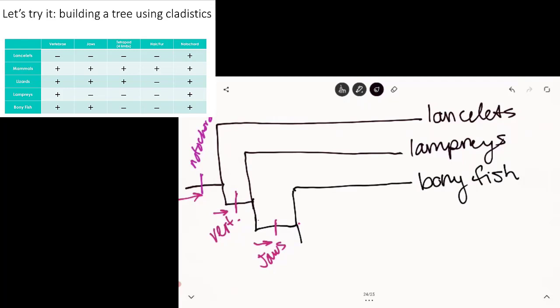And then our last 2 groups that we have left are mammals and lizards. So it doesn't really matter the order, again, because if we rotate on these nodes, it's showing the same relationship. So we have mammals and lizards.